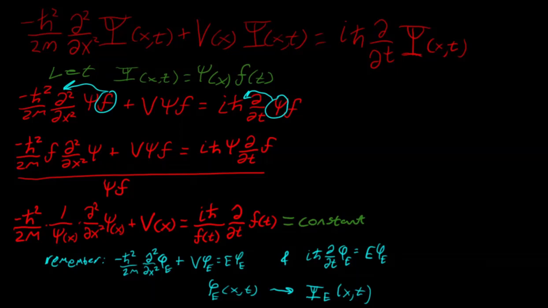And we can call this constant whatever we want. Oftentimes people will use c for a constant, but because I know where we're heading with this, I'm going to call this constant E. Now this constant doesn't mean anything right now.